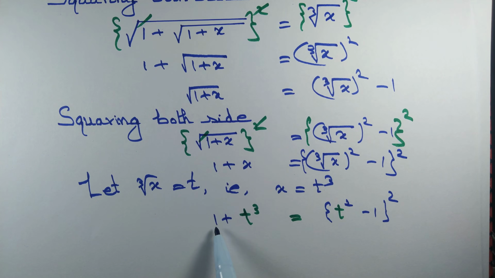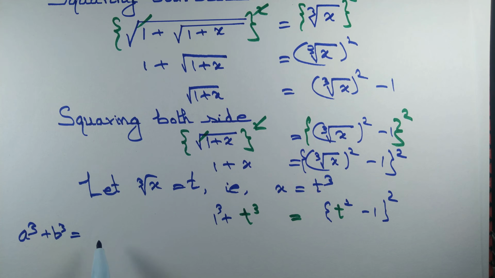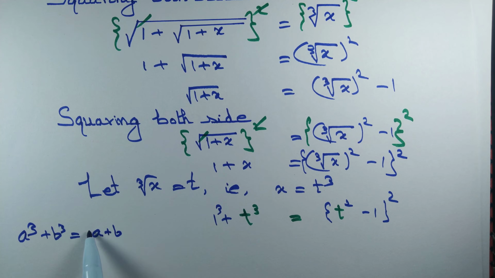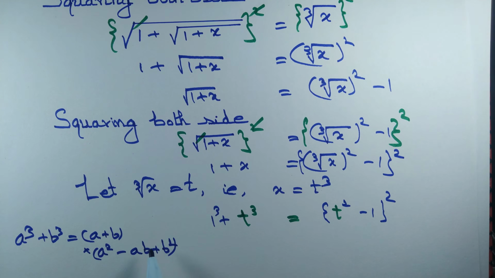Now observe that we have something like 1 cube plus t cube. We know the formula a cube plus b cube equal to a plus b whole thing into a square minus ab plus b square. Let's apply this formula.